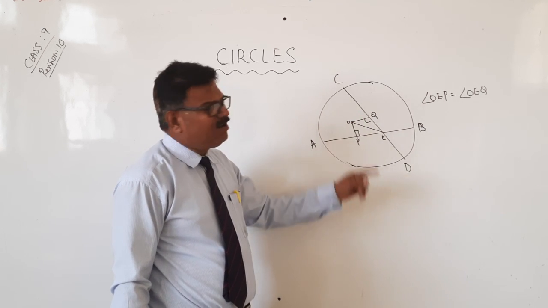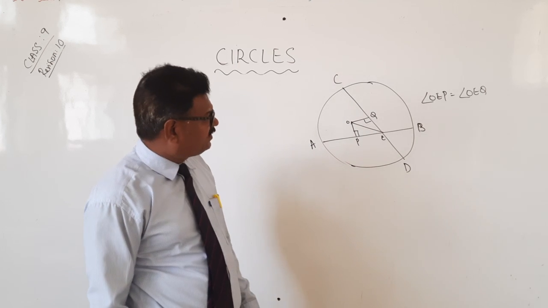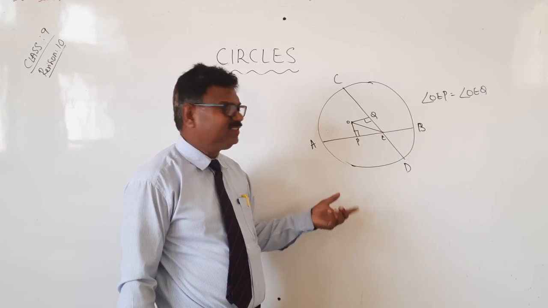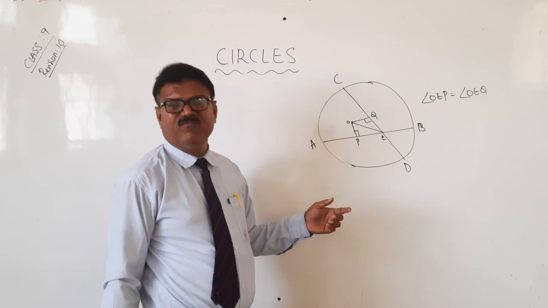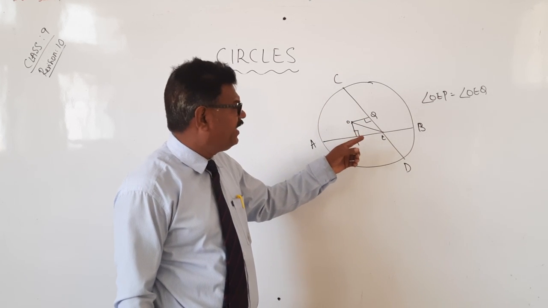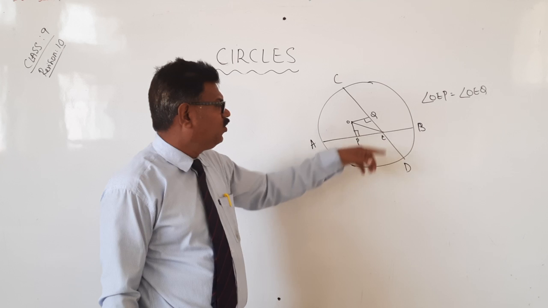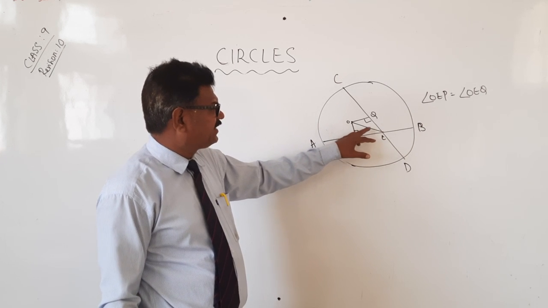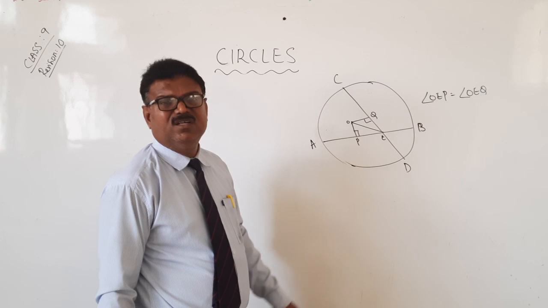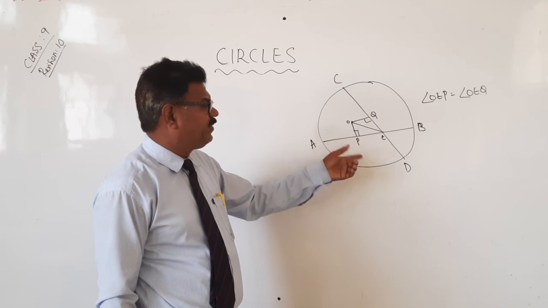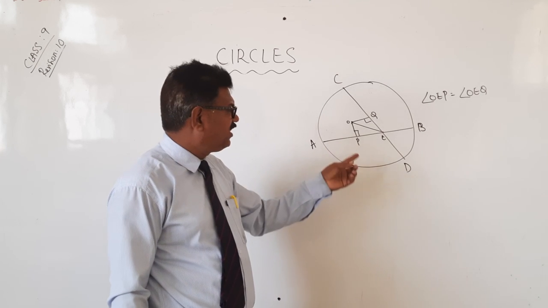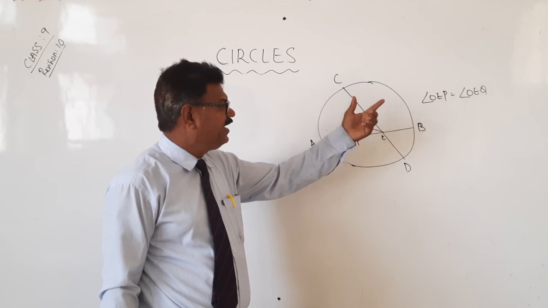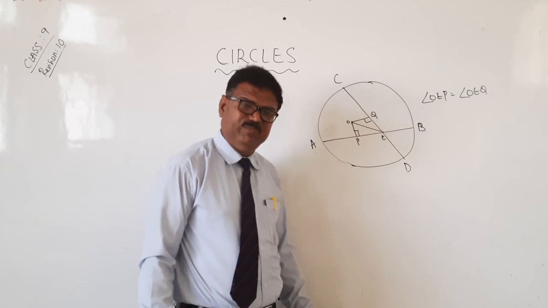If perpendiculars are drawn to equal chords, then the distances from the center will be equal. Therefore, OP equal to OQ. Right? Now, therefore, what happened? By RHS condition, these two are congruent. Congruent means corresponding parts are equal. Therefore, angle OEP equal to OEQ by CPCT.